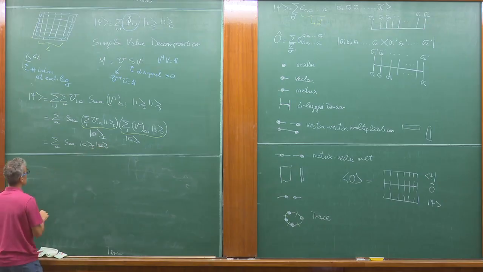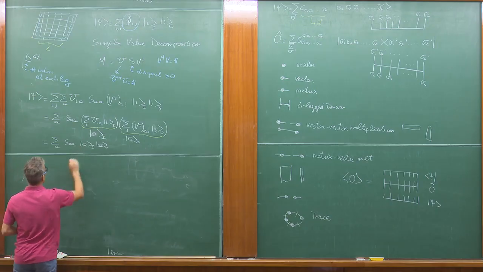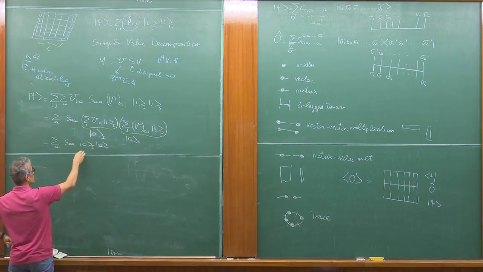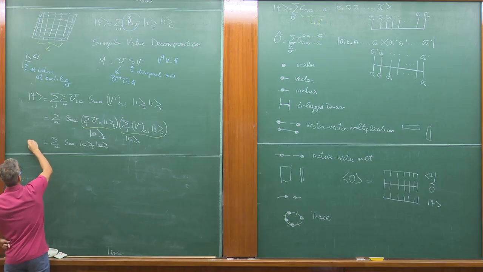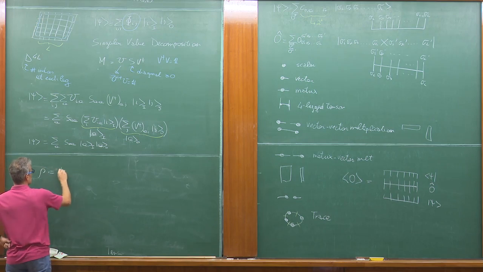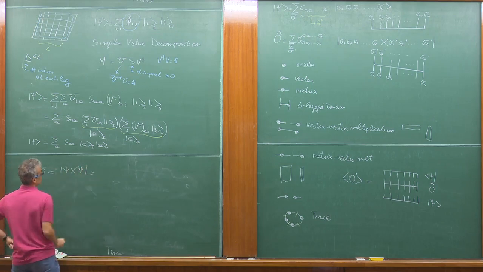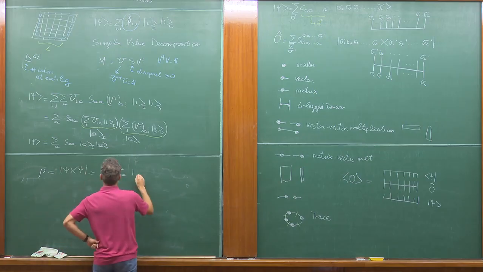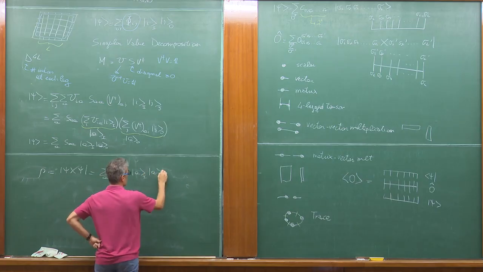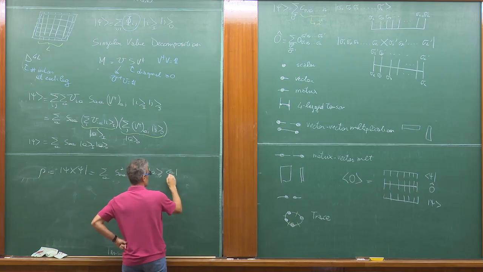And now you can ask yourself, since they're all orthogonal to each other, you can truncate this, you can trace out. From psi, you can write rho, and rho is nothing but the sum over a of the diagonal element squared, very simple, |a> inside |a> outside, <a| inside <a| outside.